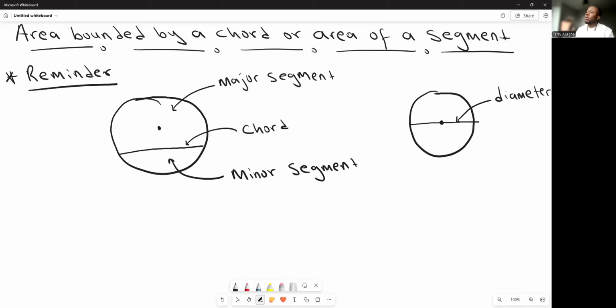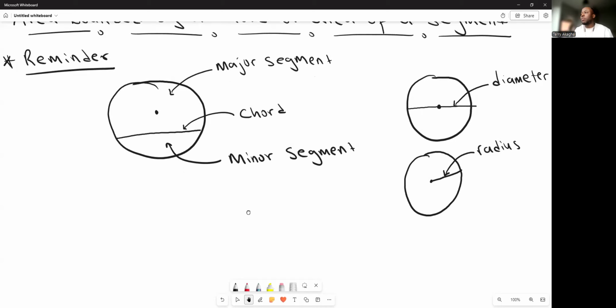Also, if you have any line going from the center to the circumference, this is what we call a radius. So a radius basically is half of a diameter. All right, so that is that.